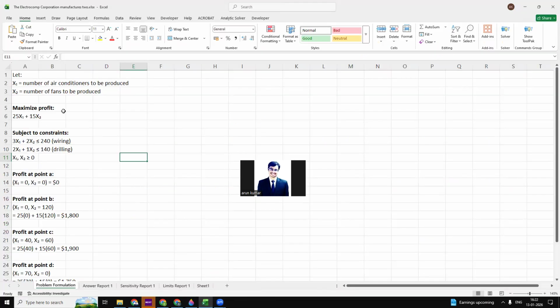These are our constraints: 3x1 plus 2x2 is less than or equal to 240, which is wiring, and 2x1 plus 1x2 is less than or equal to 140, where x1 and x2 are greater than or equal to 0.